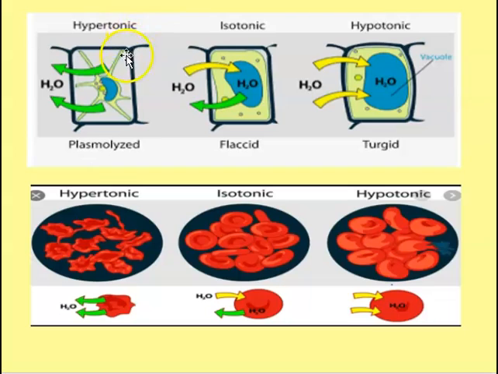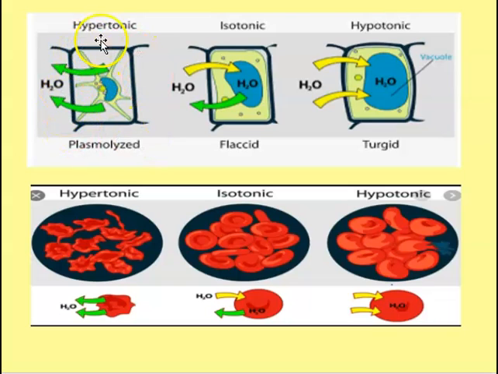So in other words, there is more water within the cell. So if there's more water within the cell, water will move out by osmosis from a high water concentration to a low water concentration. And this leaves the cell plasmolysed. And plasmolysed means that all the parts of the cell shrink away from the cell wall, and the cell loses its shape as well. Okay?